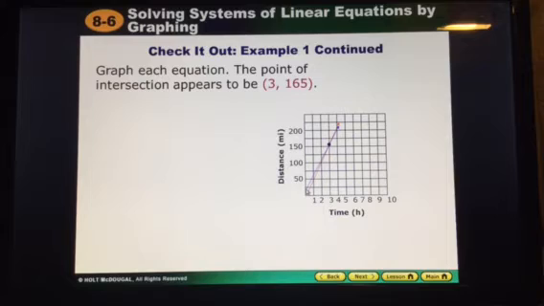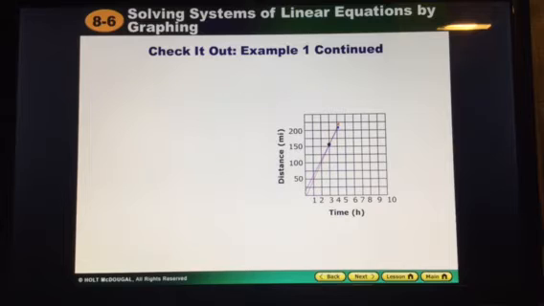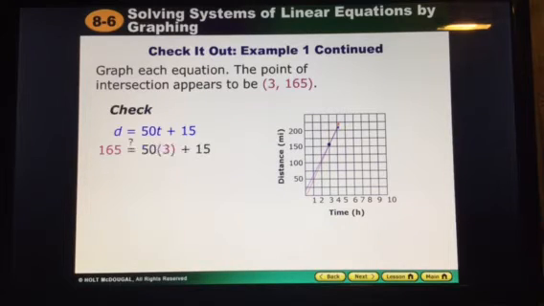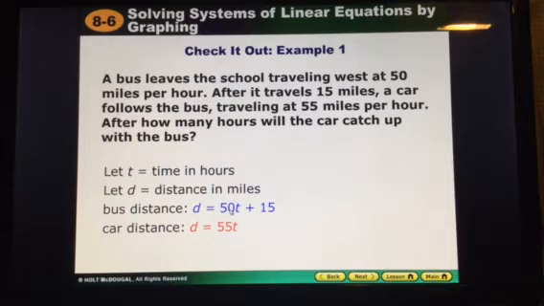And right here's 25, so a little bit below that, they've got 15. And then it's going 50 miles, make sure, the slope is 50 over 1.